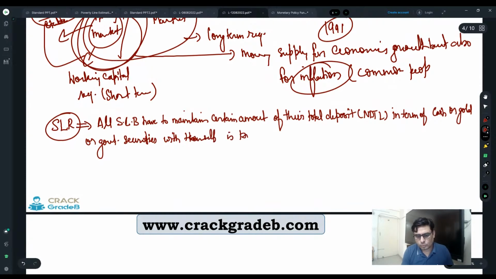This is known as SLR, statutory liquidity requirements.